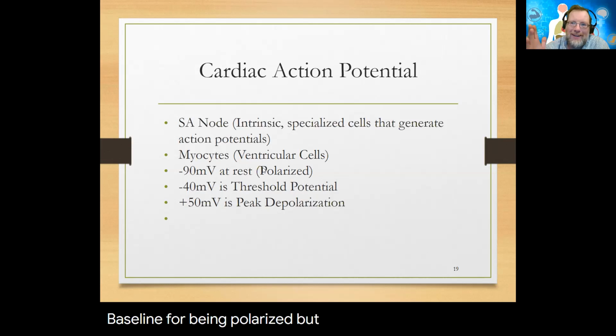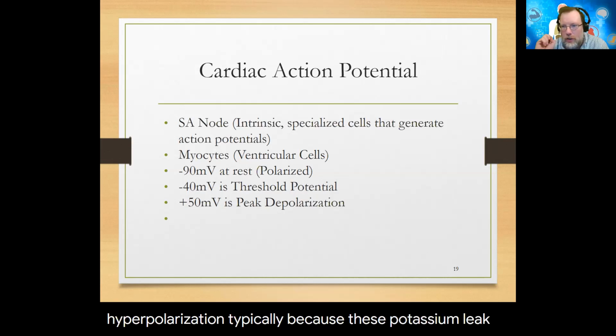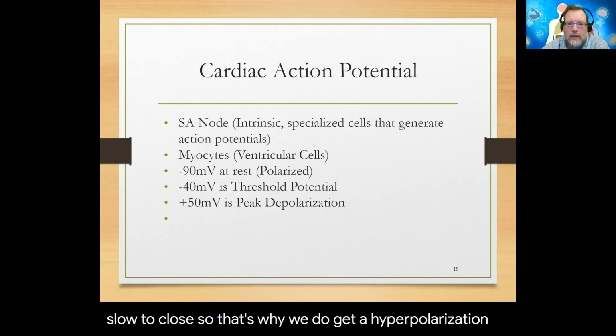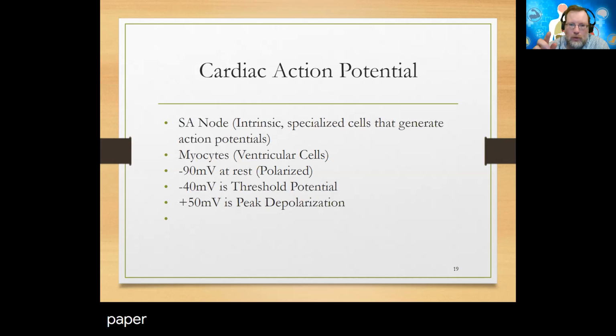But again, we have hyperpolarization typically because these potassium leak channels with potassium rushing out, they're voltage gated channels causing potassium to rush out. They're a little slow to close. So that's why we do get a hyperpolarization, meaning we go below that negative 90.